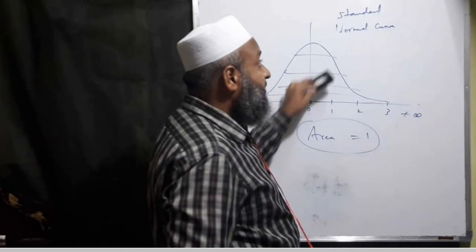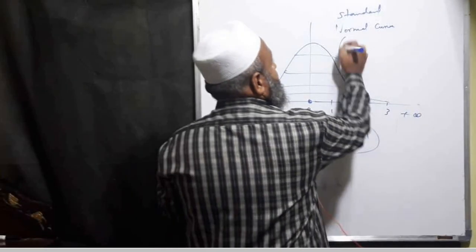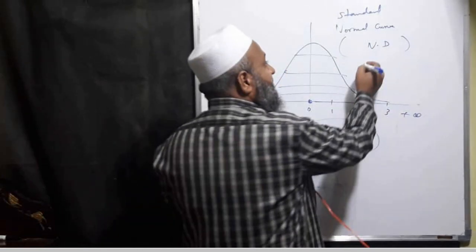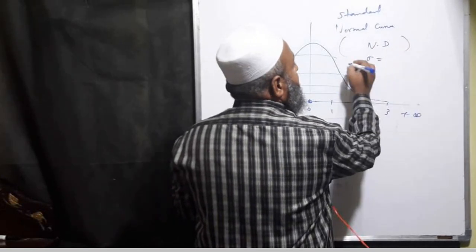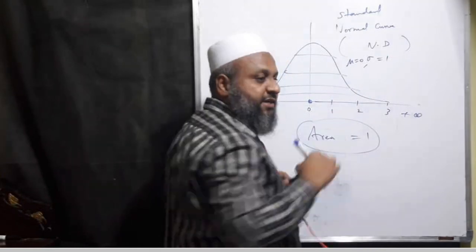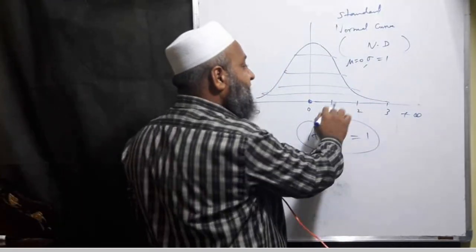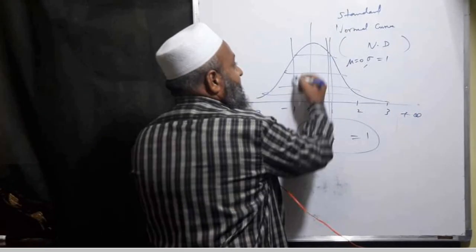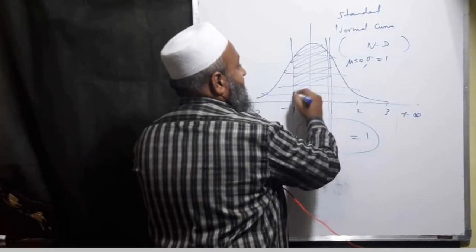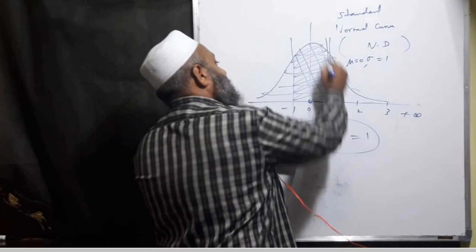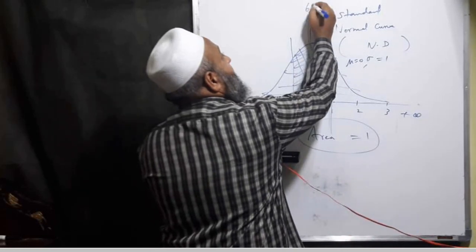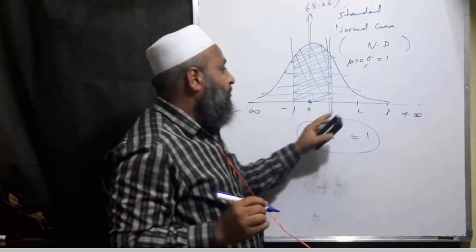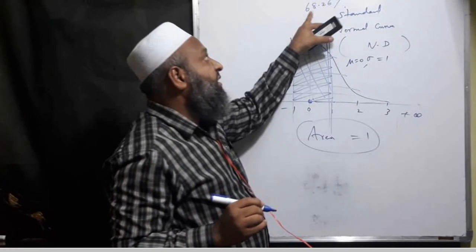This standard normal curve, satisfying the standard normal distribution, or just a normal distribution, has mean equal to 0 and standard deviation equal to 1. Then the area between -1 and +1, this shaded region, will be 68.26% of the complete area. So between 0 and 1 it will be 34.13%.